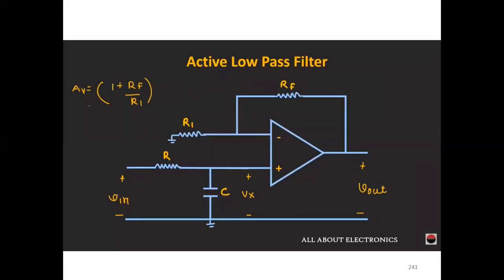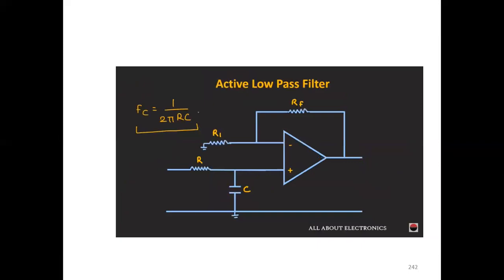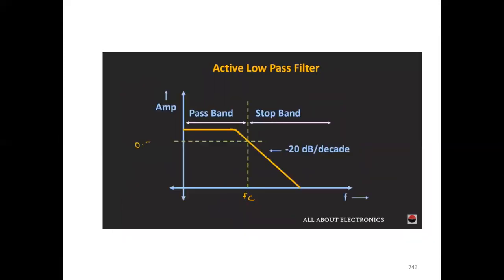The gain A is equal to 1 plus RF divided by R1, because we are giving the input to the non-inverting terminal, so V out is equal to 1 plus RF divided by R1 times V1. Here FC is equal to 1 divided by 2 pi RC, so R and C define the cutoff frequency. This is the low pass filter diagram.